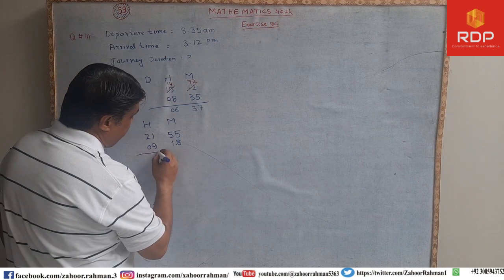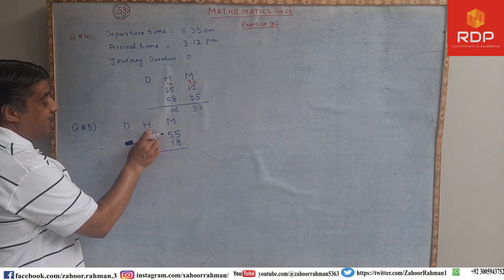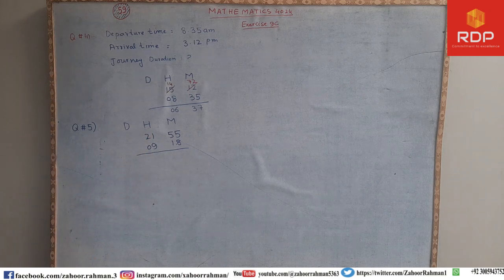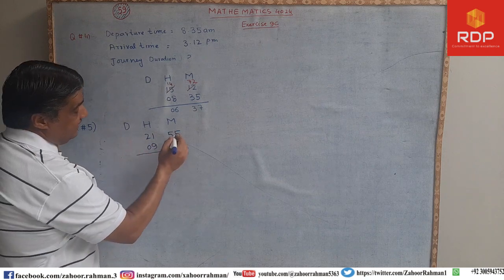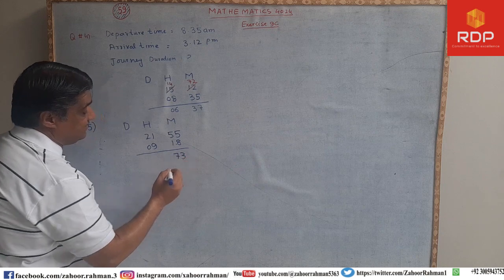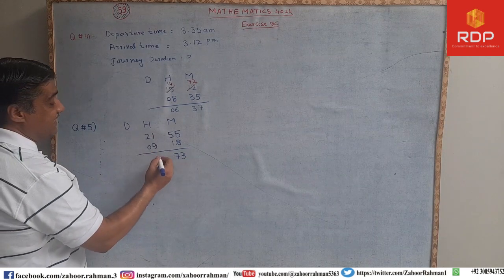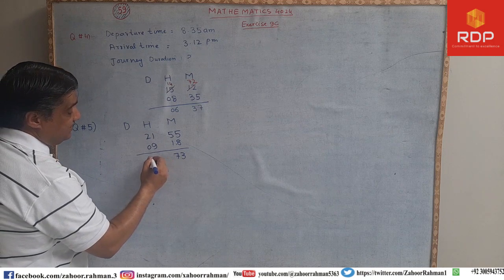So you have to convert it to universal time. First thing is that. And the second is that you have to keep in mind, if it is exceeding 24 hours, then you have to give 1 day. Let us see. This is 73 and this is 30.